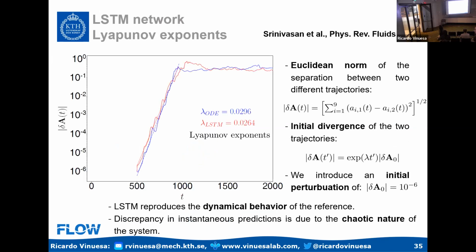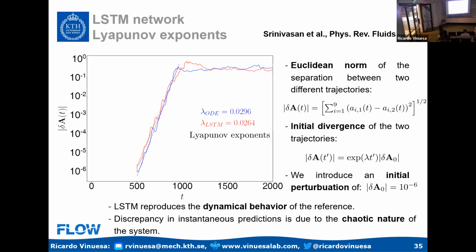And another thing that we did was to perturb the original system. So not the predicted one, but the original one, and then analyze how that perturbation takes me to a different trajectory. And if you do that in a logarithmic plot, this straight line is what you see as a Lyapunov exponent.